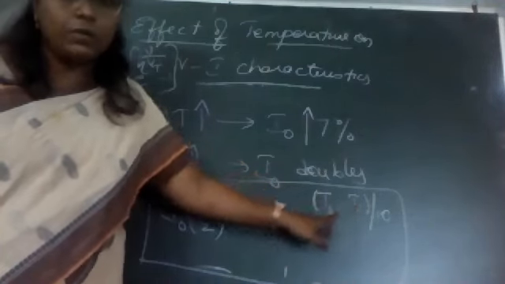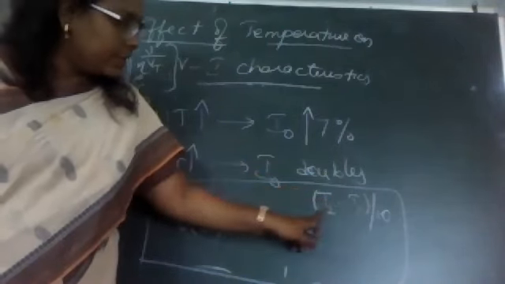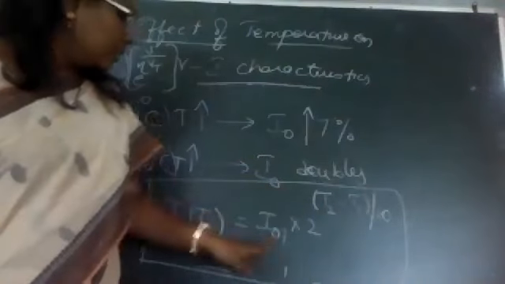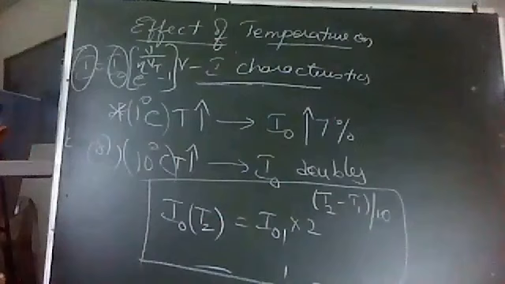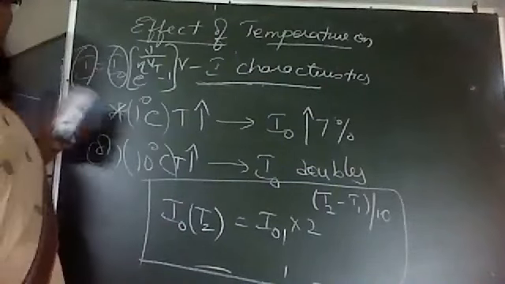T2 and T1 are known to us, where T2 is greater than T1. You take the difference of these two, substitute, and find out the reverse saturation current at T2.